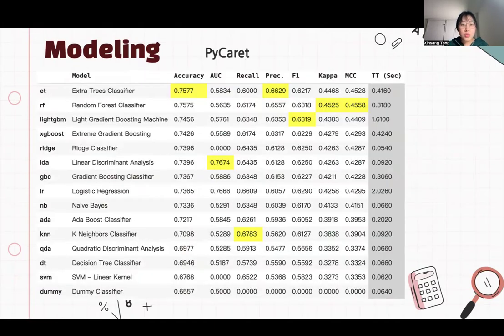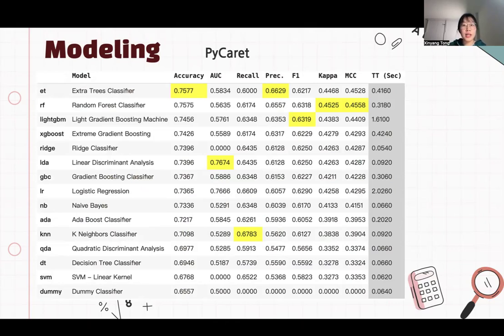Here are the results from PyCaret. They have a lot of different models, and they also have a lot of different indicators. Based on different indicators, we will have different selection rules and different best models.